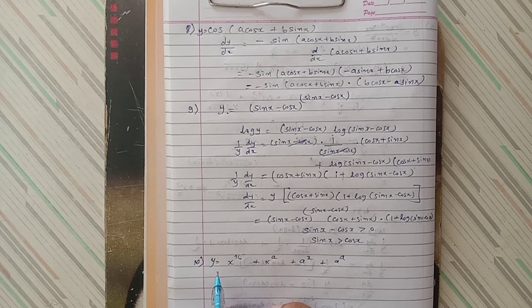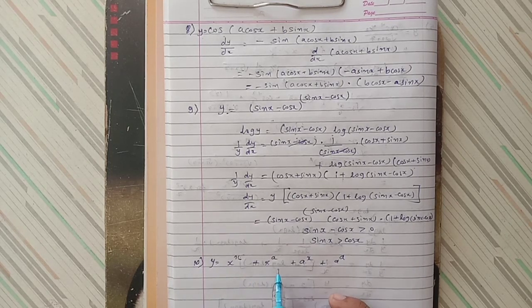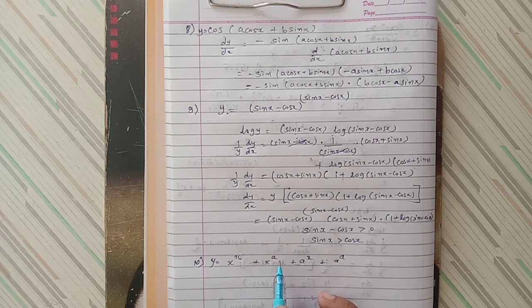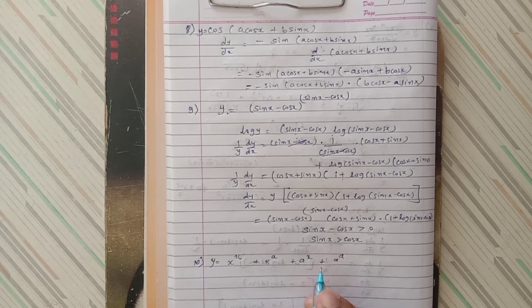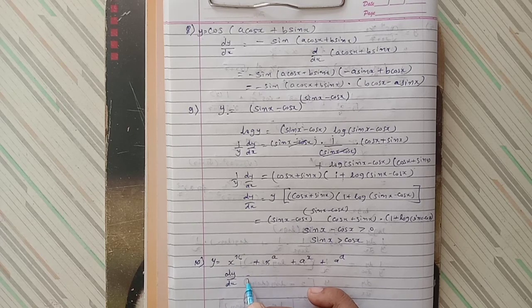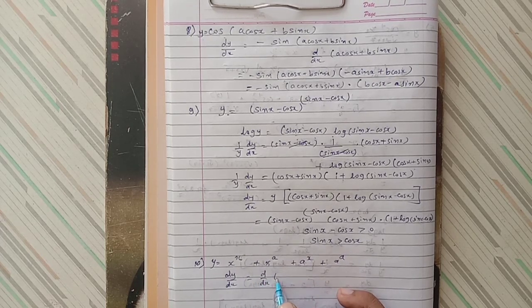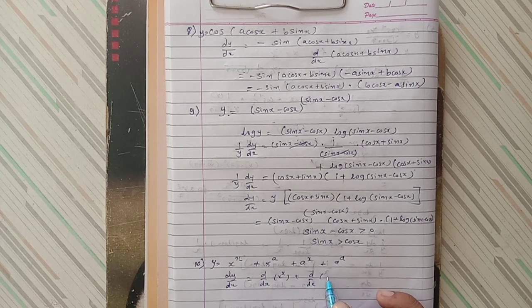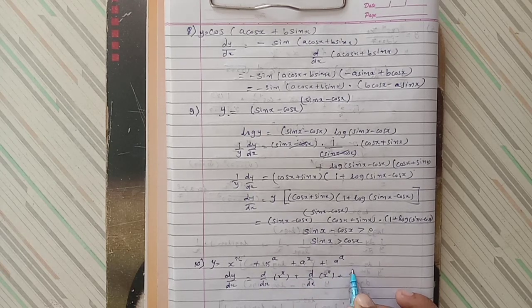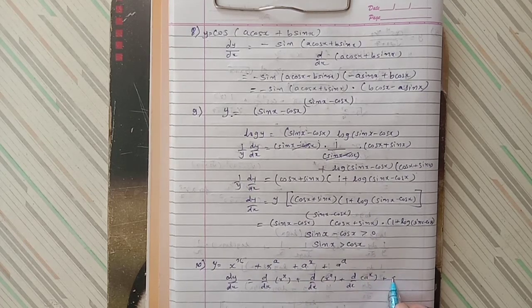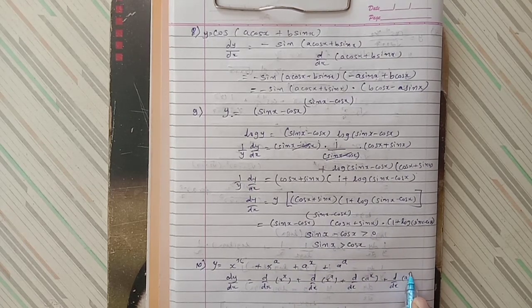10th question is given y equals x raised to x plus x raised to a plus a raised to x plus a raised to a. So here variable raised to variable, a is the fixed value, so variable raised to constant and constant raised to variable. We differentiate with respect to x, then dy by dx equals d by dx of x raised to x plus differentiation of x raised to a plus differentiation of a raised to x and differentiation of a raised to a.